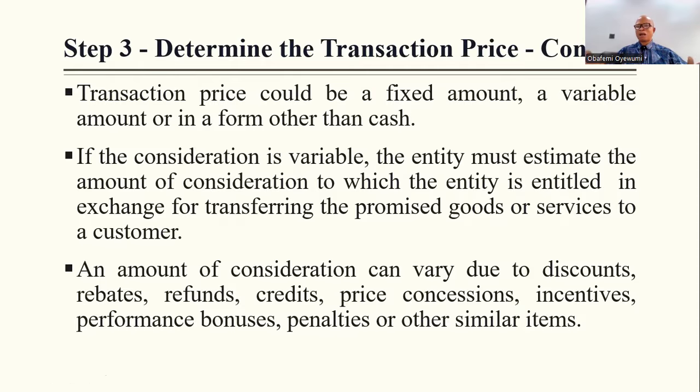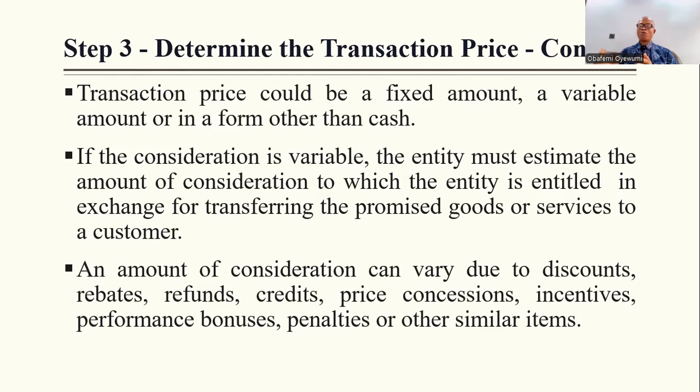So we have some instances where the consideration, the amount they are going to pay, may be a little bit different. That's what we're talking about, variation. Okay, there could be variation here. And what is this variation? For example, if there's a discount along the line, if you buy 1,000, you're going to pay 500 naira, for example.